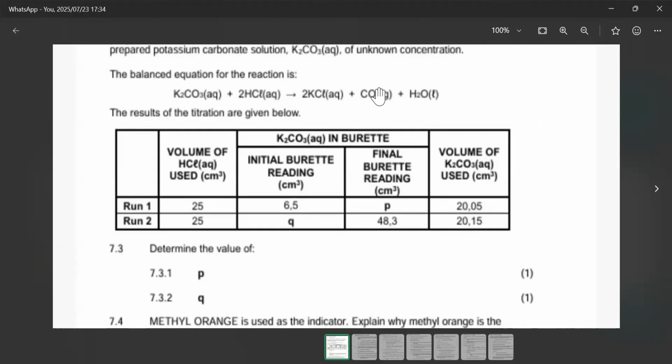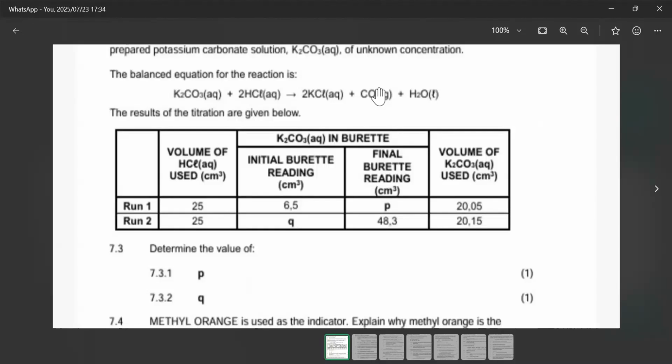So here we can see that 2 experiments were performed. Run 1 is actually experiment 1, and run 2 is experiment 2. In both of these experiments, they tell us that they used 25 cubic centimeters of hydrochloric acid.